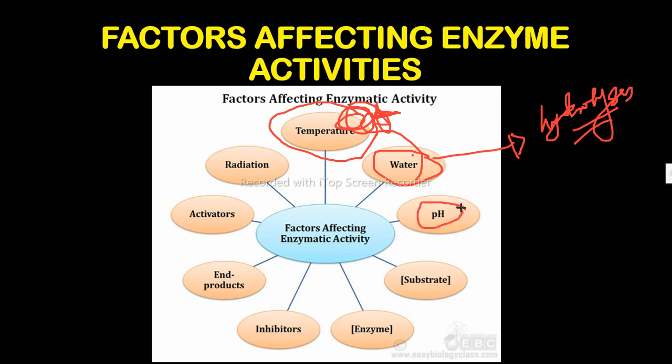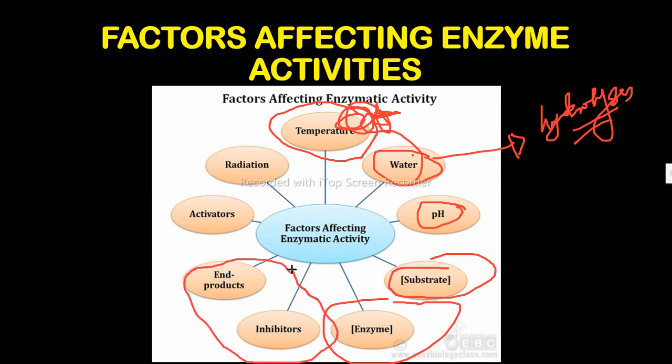Then the pH, the concentration of the substrate, the concentration of the enzyme, the inhibitors together with our end products, they also do affect the same. Then the activators, and finally radiation. So these are the factors that do affect the enzyme activity.